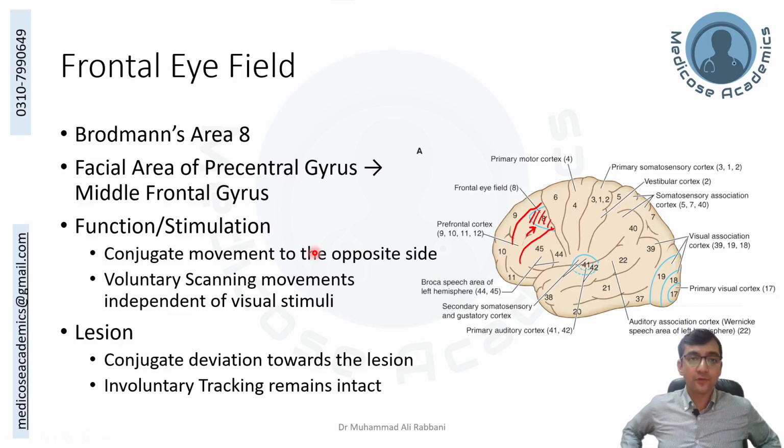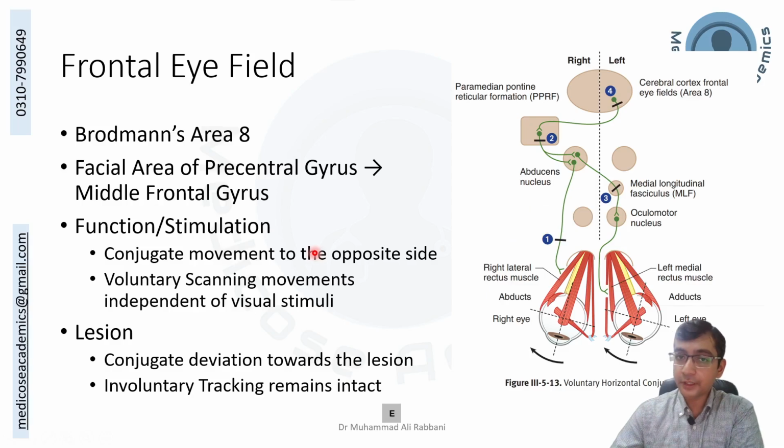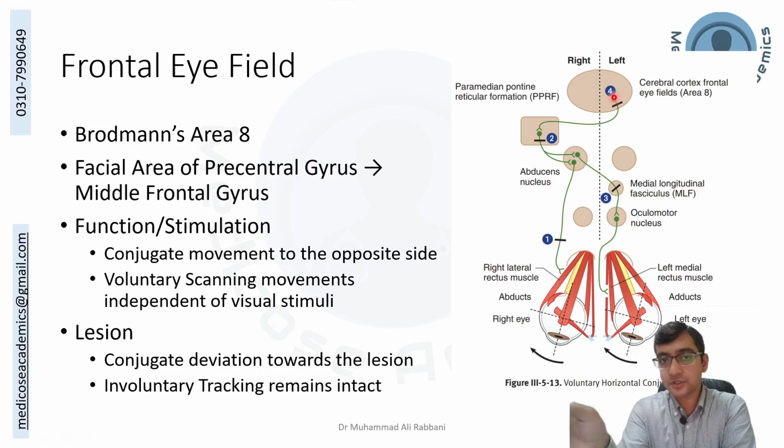It is responsible for conjugate movement of eyes to the opposite side. So let's say you wanted to see on the right side. The frontal eye field on the left side will send a signal down that will cross the midline.